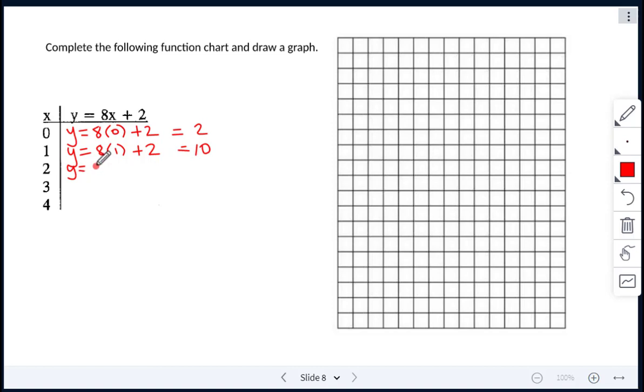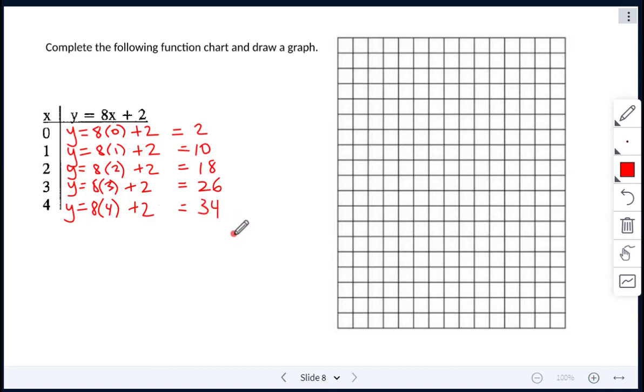Next was 8 times 2, which was 16, plus 2, which is 18. Next was 8 times 3, which was 24, plus 2, which was 26. And then the last one was 8 times 4, which is 32, plus 2, which gave me 34.